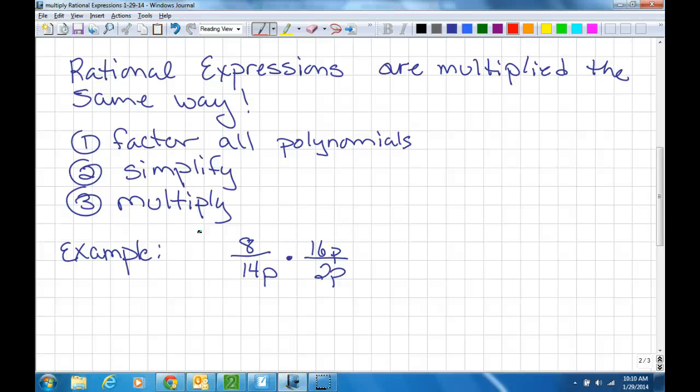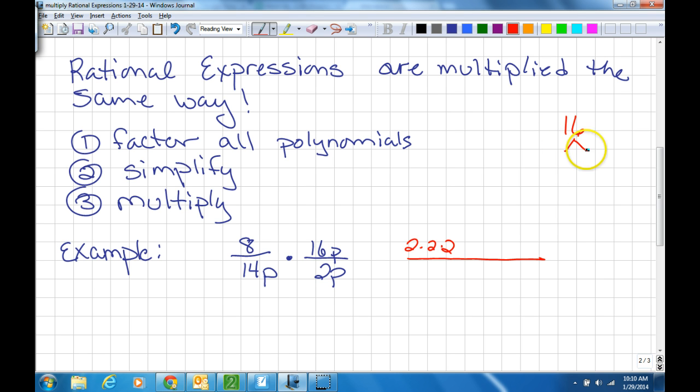So, for the example here, I'm going to break it down into its prime numbers again. I'm just going to have one bar here for the fraction because I'm going to put everything on the top in the top bar, everything on the bottom in the bottom. So 8 breaks down into its prime factors of 2 times 2 times 2. What are the prime factors of 16?